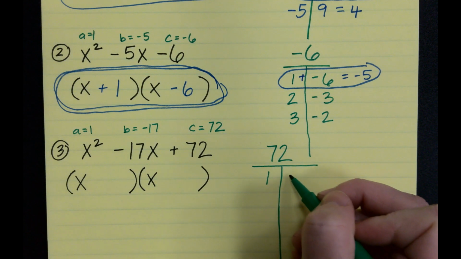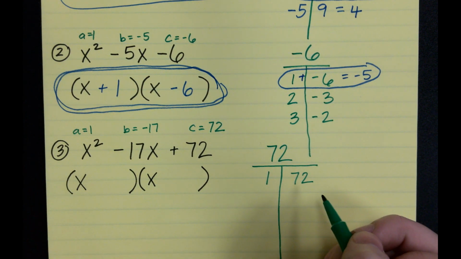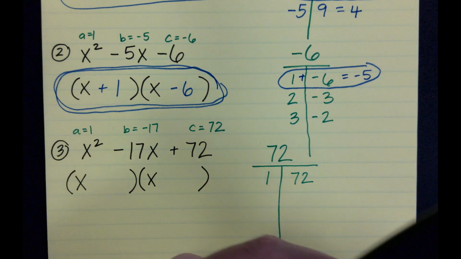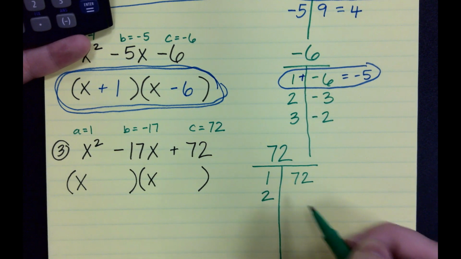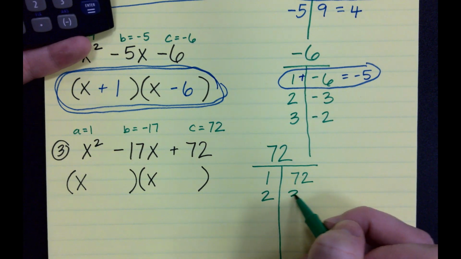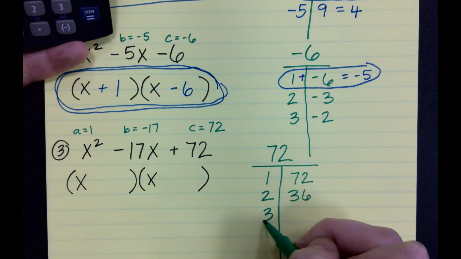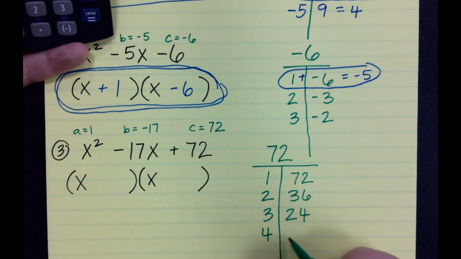So we'll start with the most obvious one. We got 1 times 72. Okay, let's go real slow and in order. So we got 1 times 72, 2 times what? 36. Can we do 3? 3 times 24. Can we do 4? 4 times 18.